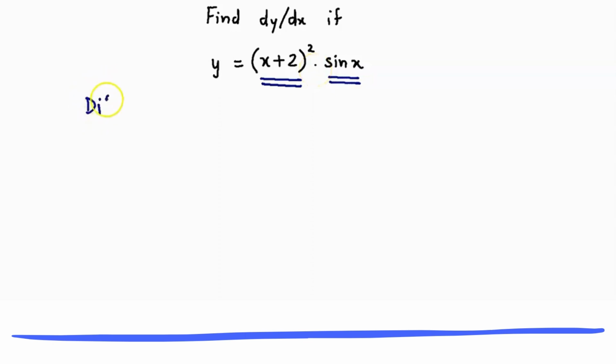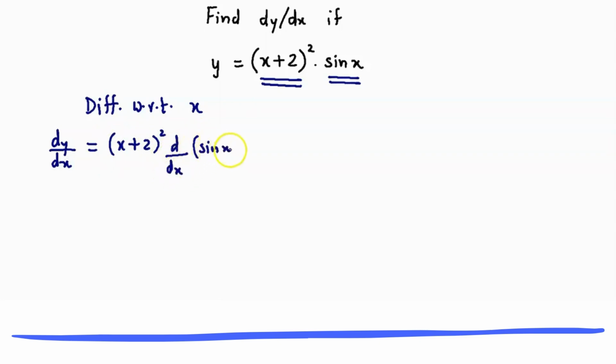So differentiating with respect to x, we get dy by dx is equal to, so we have the first term, that is x plus 2 the whole square, into derivative of the second term, that is sin x, plus sin x into derivative of x plus 2 the whole square.